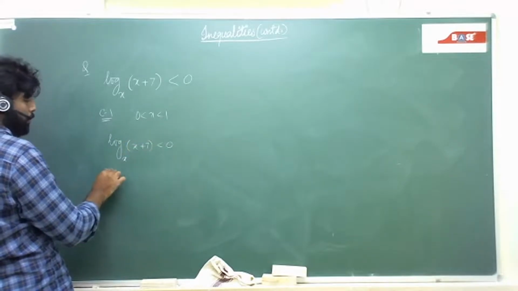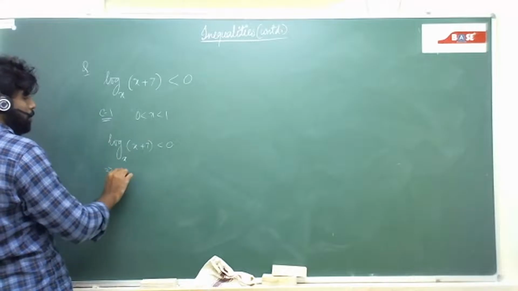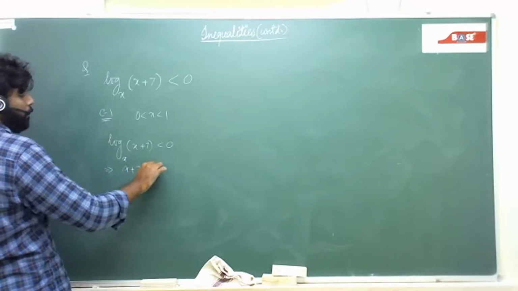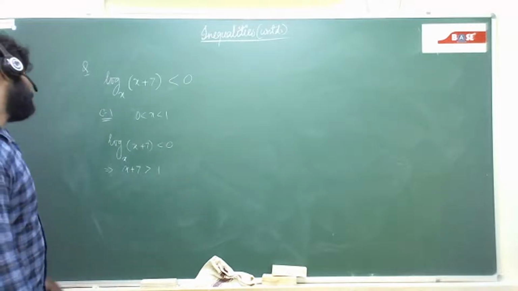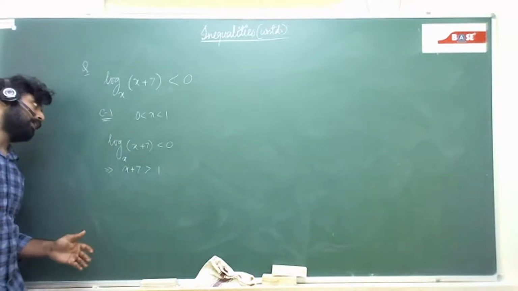At that time, if we take the antilog, x + 7 will be more than 1. As the base is between 0 and 1, log is acting as a decreasing function, and for monotonic functions we change the inequality sign.